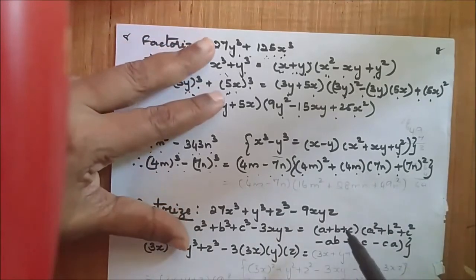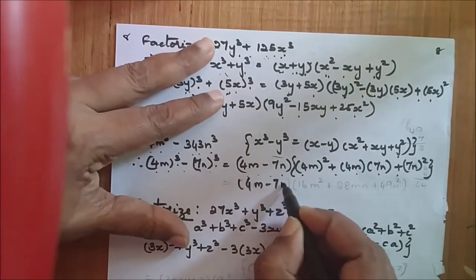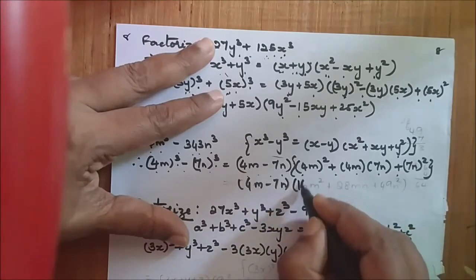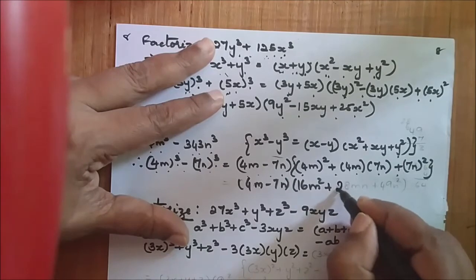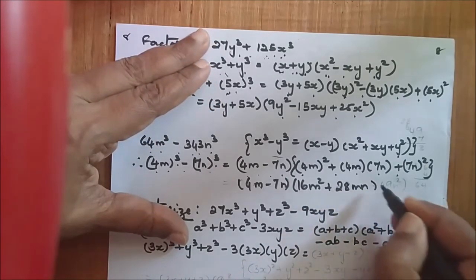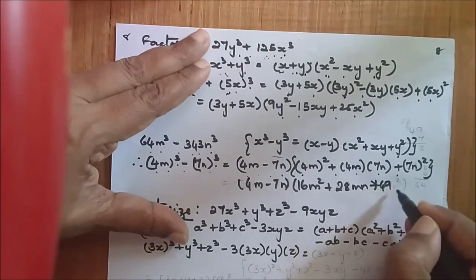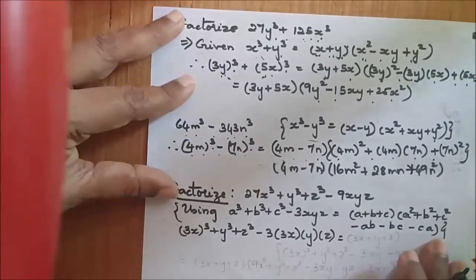Okay. So this is nothing but 4m minus 7n into 16m squared plus 28mn plus 49n squared. I hope you understood how we got it.